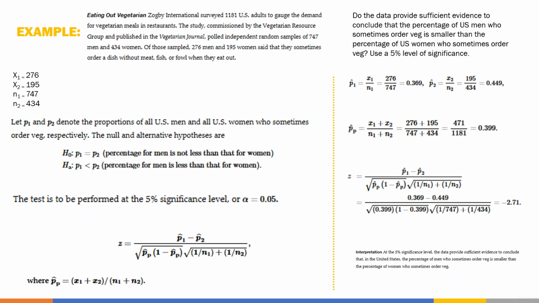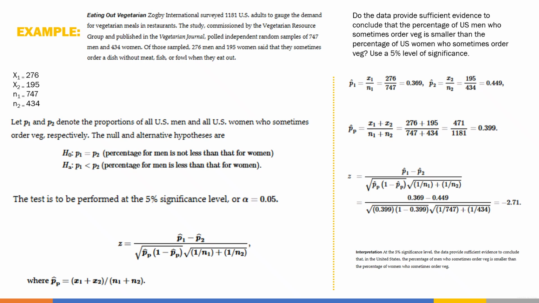Of those sampled, 276 men and 195 women said that they sometimes order a dish without meat, fish, or fowl, or eat a vegetarian dish. So the 276 and the 195 are your x's, because those are the successes, the ones saying yes, we have this attribute.